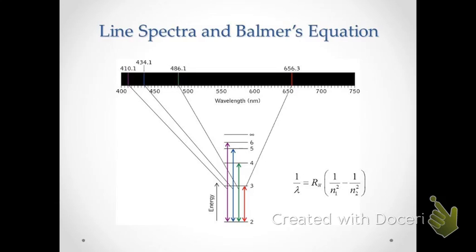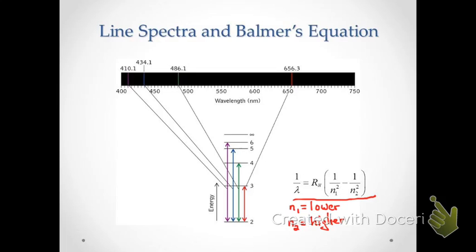Now, historically, Rydberg determined an equation that corresponded to these emission lines. 1 over lambda, where lambda is the wavelength of the line emitted, is given by this particular expression, where N1 corresponds to the lower energy level, and N2 corresponds to the higher energy level.